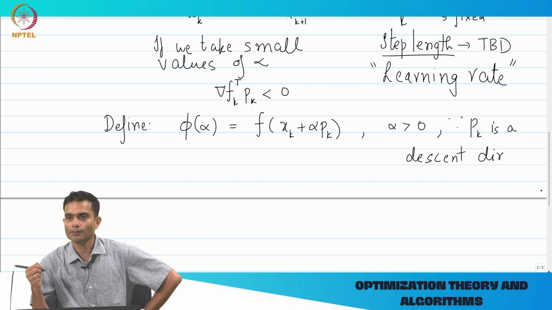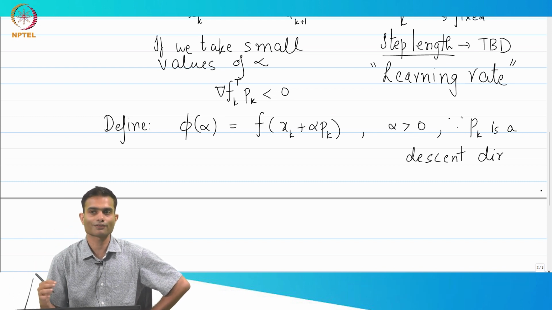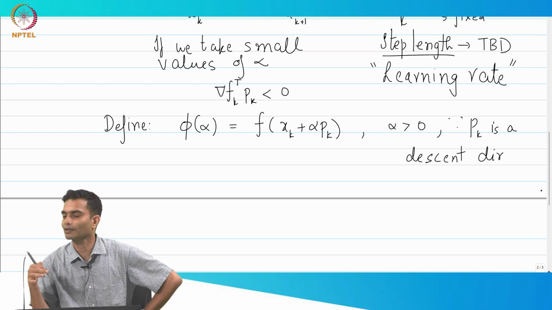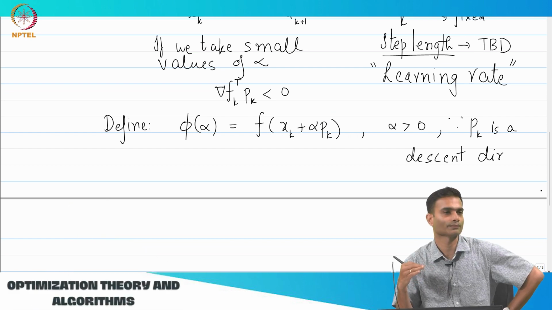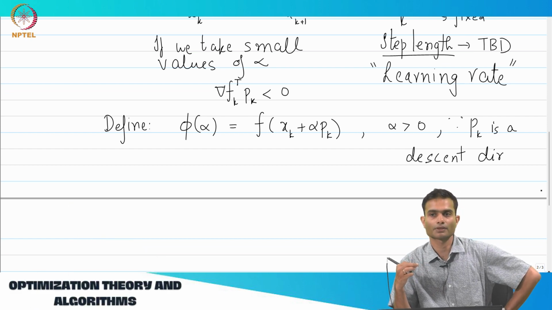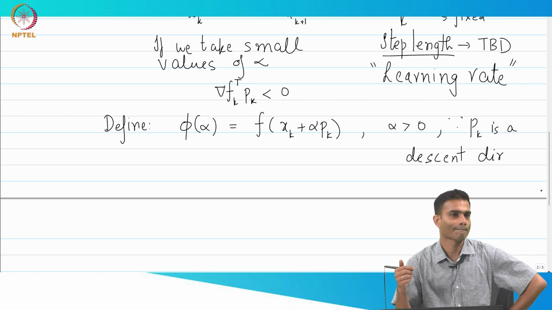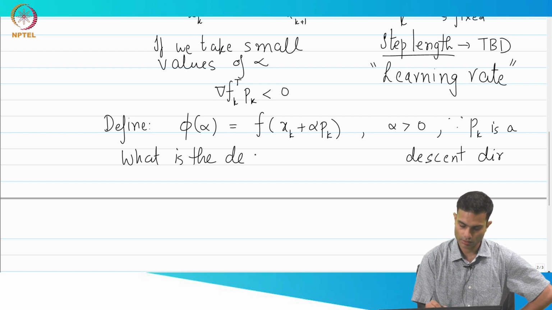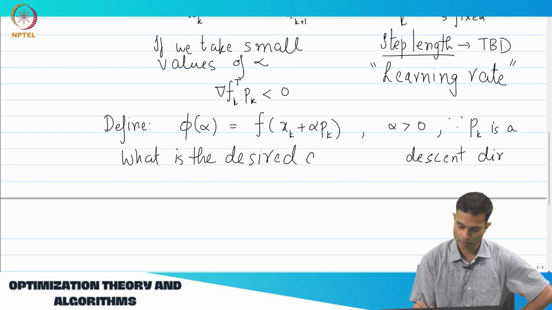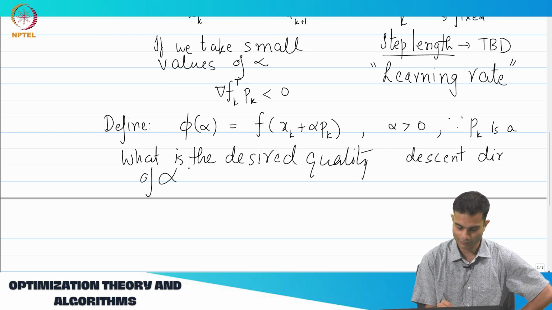Now, without solving the problem, let's think of the goal. What is our goal in terms of phi or phi prime of alpha? What alpha would be the best for us? What is the desired quality of alpha?